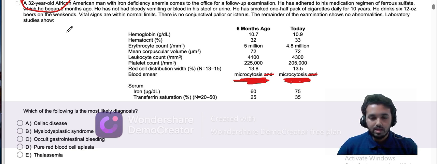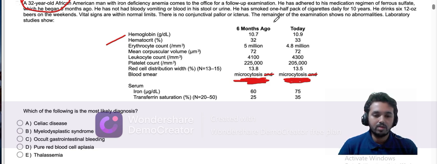But from the lab studies, we see that only the hemoglobin level is decreased. The platelet count is normal, so we can easily cancel myelodysplastic syndrome. Also, there are risk factors, like if the patient previously received radiotherapy or chemotherapy, this patient has a high risk of getting myelodysplastic syndrome.